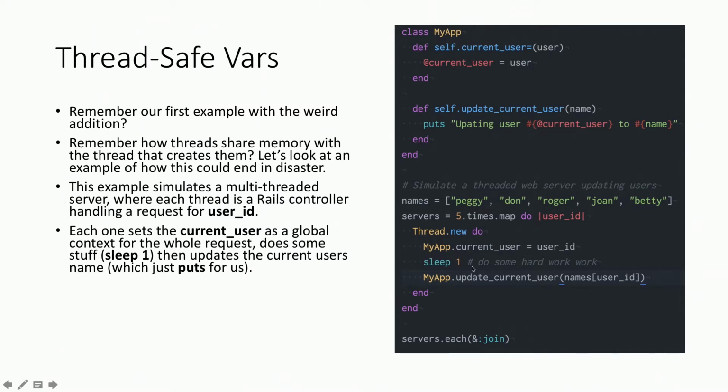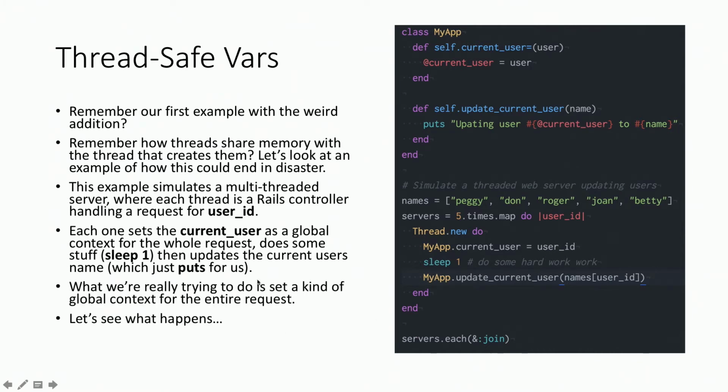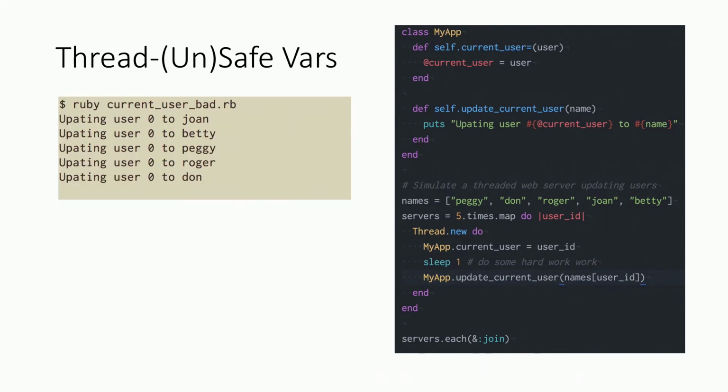Then it's going to do some work, saving to the database, checking stuff. The last thing it's going to do is finally update the current user. Here it doesn't really matter. We're just setting a name based on the index. And then we're going to wait. So again, we're just simulating some kind of global context.